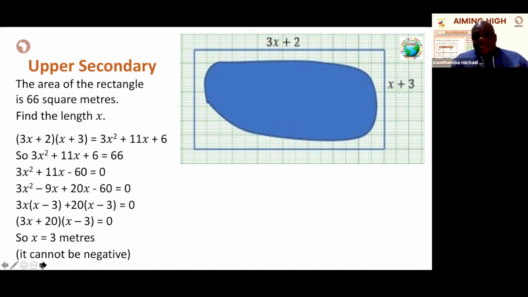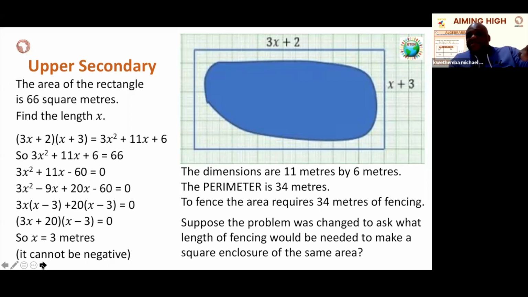Once we get that x equal to 3 is the value of x, it means we can actually find the sides of this rectangle, the length and the width. How do we get that? Let students discover that through substituting that value of x in the expressions 3x plus 2 and x plus 3, which gives us the dimensions 11 and 6.